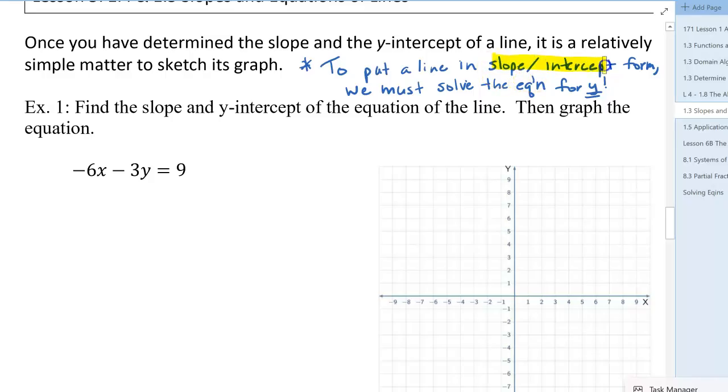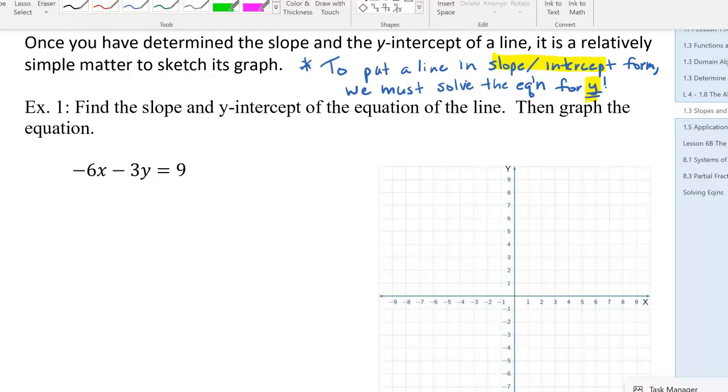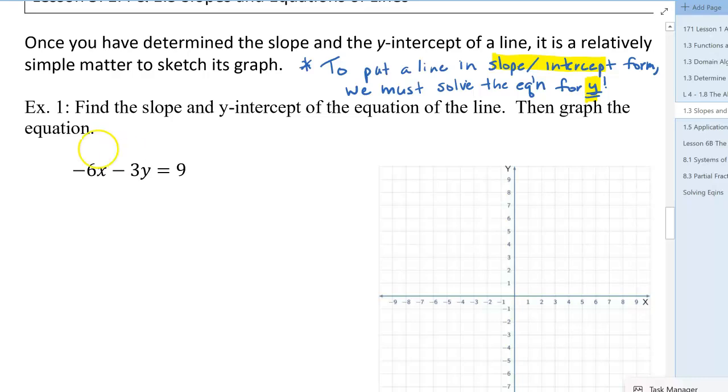Slope-intercept form means the equation is solved for y. This equation is not solved for y, so I've got to manipulate it. Anything that doesn't have y in it, namely this negative 6x, has got to go to the other side. To do that, I'm going to add 6x to both sides, since it's a negative 6x.